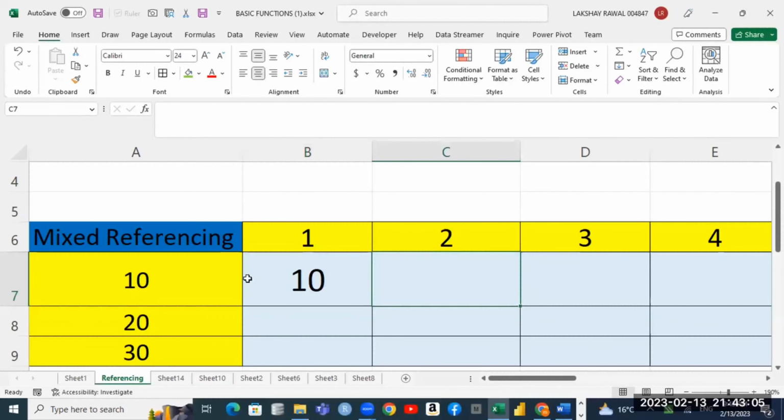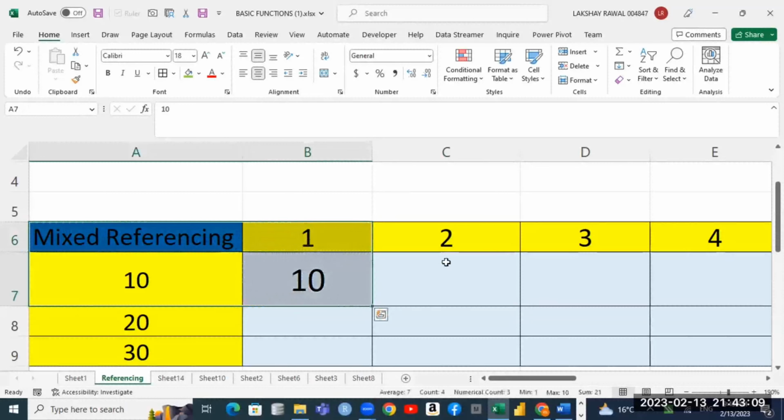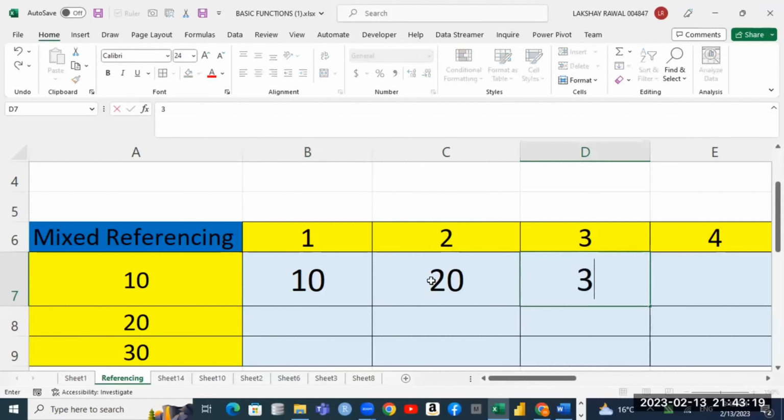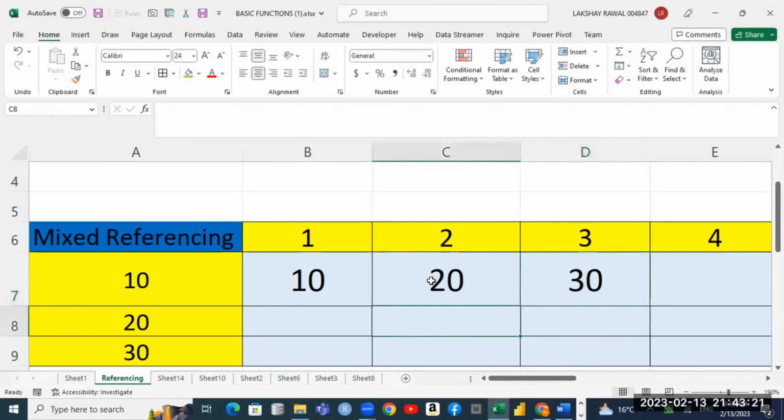How do you say it in school? I don't know where you are from. We generally say 10 ones are 10, or is there some other way you have learned? No, it's the same. 10 ones are 10, 10 twos are 20, 10 threes are 30.